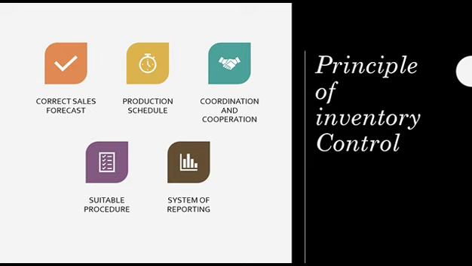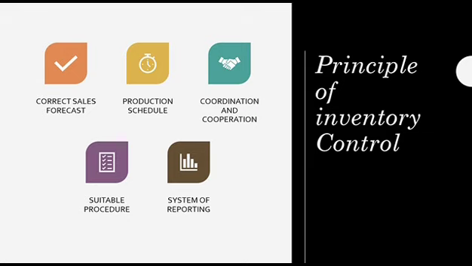Next principle is the coordination and cooperation among the different departments. As I spoke earlier, we should have coordination among the various departments like purchase, inspection, storage, accounts, and cost accounting, so that it will help to have proper control over the inventory. Next, there should be a systematic procedure that should help to guide the inventory manager regarding the performance of the inventory and the evaluation and the further decision making process.